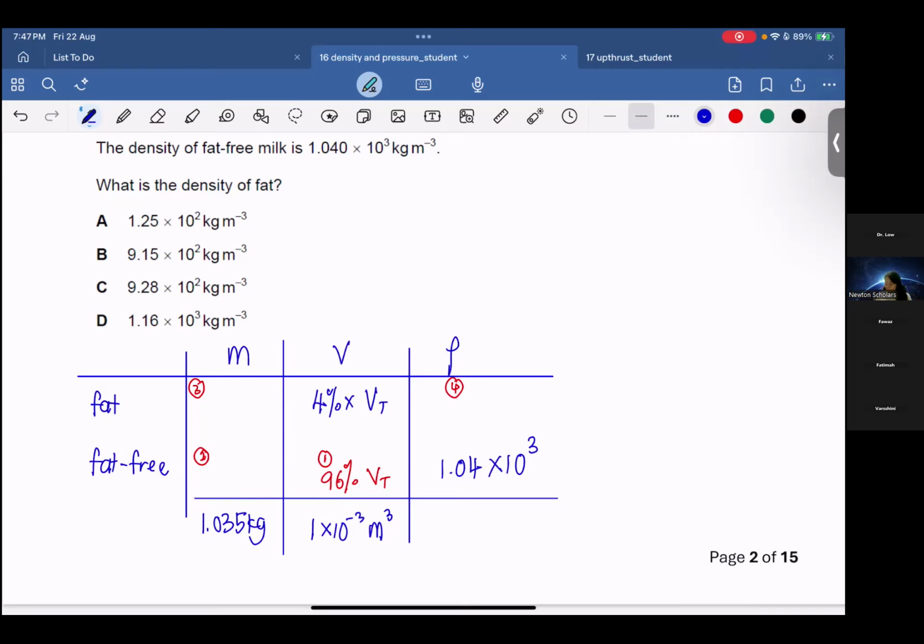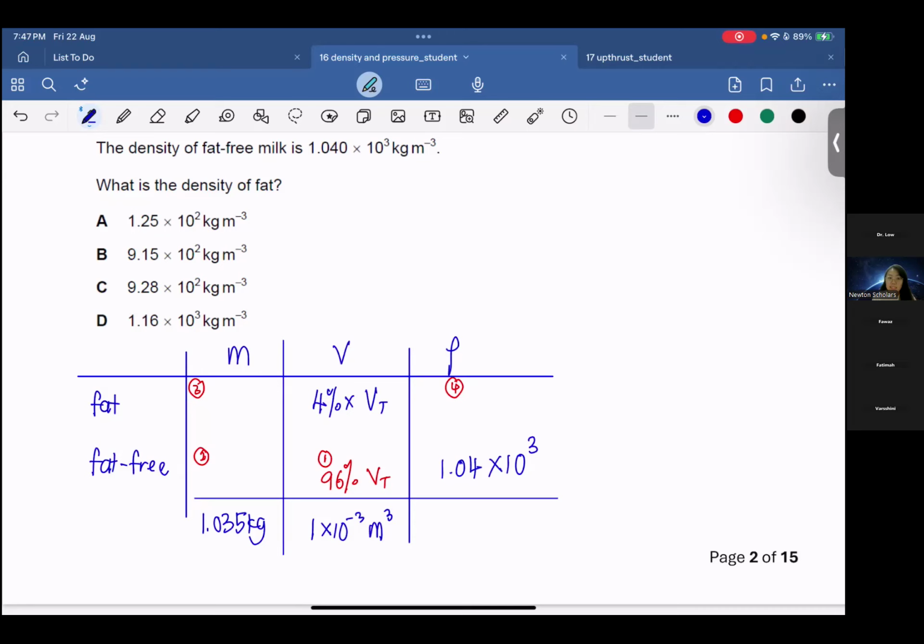Any of you get the answer? Count the volume for the fat-free.